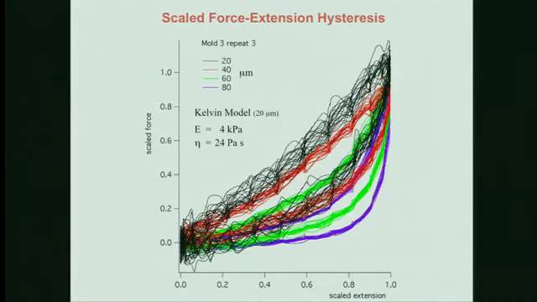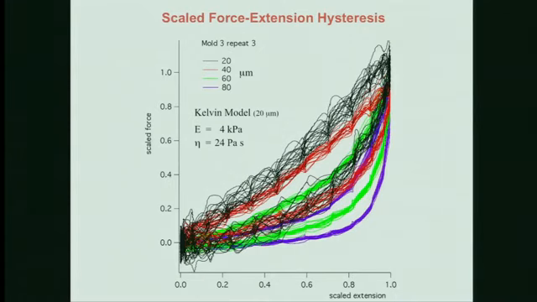We fitted that, since we were not very frequency dependent, starting with a very simple Kelvin model. What you get out is, of course, the 4 kilopascals we found before, and a nominal viscosity of 24 Pascal seconds. What you see is the more you punch, the more nonlinear effects you get.